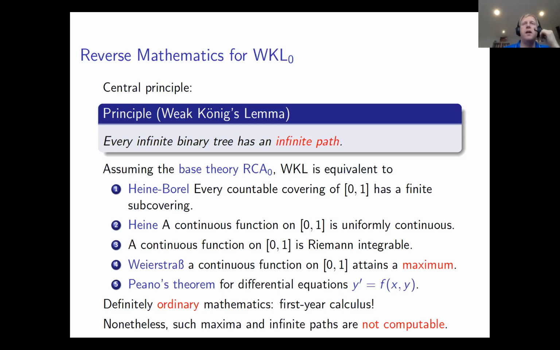As it happens, this maximum or this path, they're not computable even if the original objects are computable. Even if you have a computable continuous function, the maximum may not be computable. So Koenig's lemma states that a little bit of non-computability exists, and there are many equivalences.